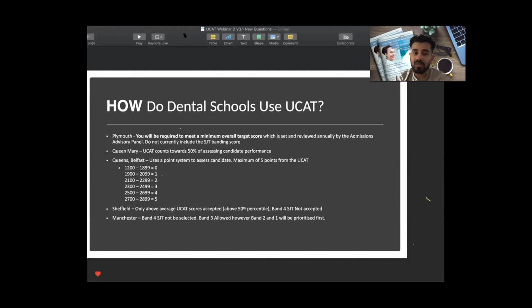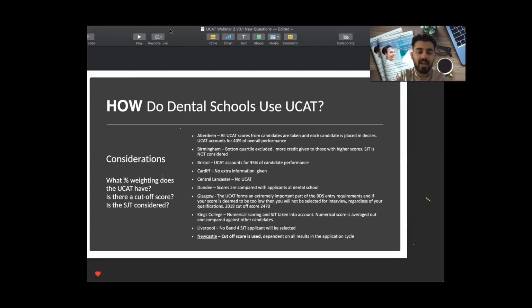Schools which tend to have cutoffs will look at the actual range of UCAT scores for that particular year of entry, and then based upon various criteria which they haven't disclosed, they will then have a cutoff. So for instance, for Glasgow in 2019, if I go back to the previous slide, you can see that the UCAT forms an extremely important part of the BDS entry requirements.